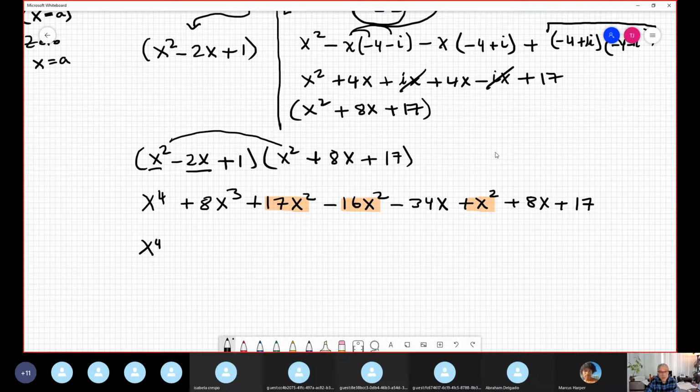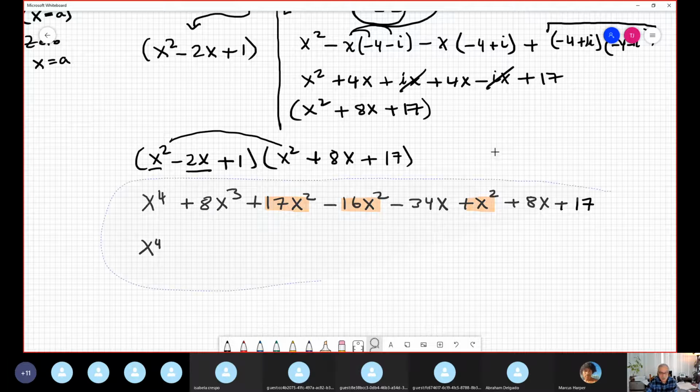And what? Wait. I'm making mistakes for sure. X to the 4th power. Okay, this is cubic. This is a square. I forgot something. Okay. Repetition again. I don't see the mistake, but I have a mistake.